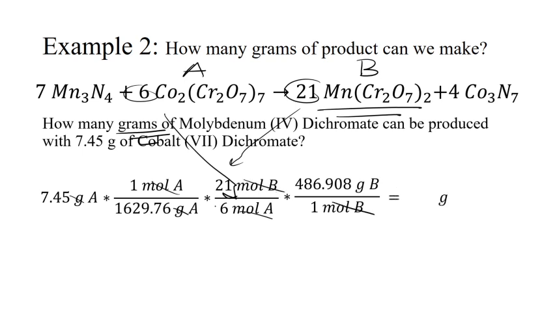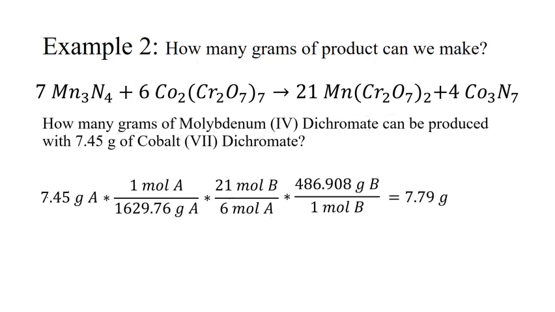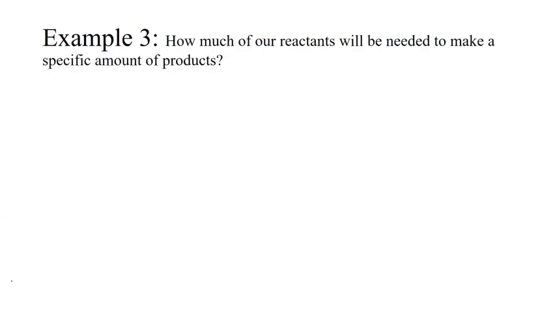And we do some math, 7.79 grams. Remember, anytime the number that's not 1 is on the bottom, you're dividing. Anytime the number that's not 1 is on top, you're multiplying. So that's how you work through stoichiometry problems.